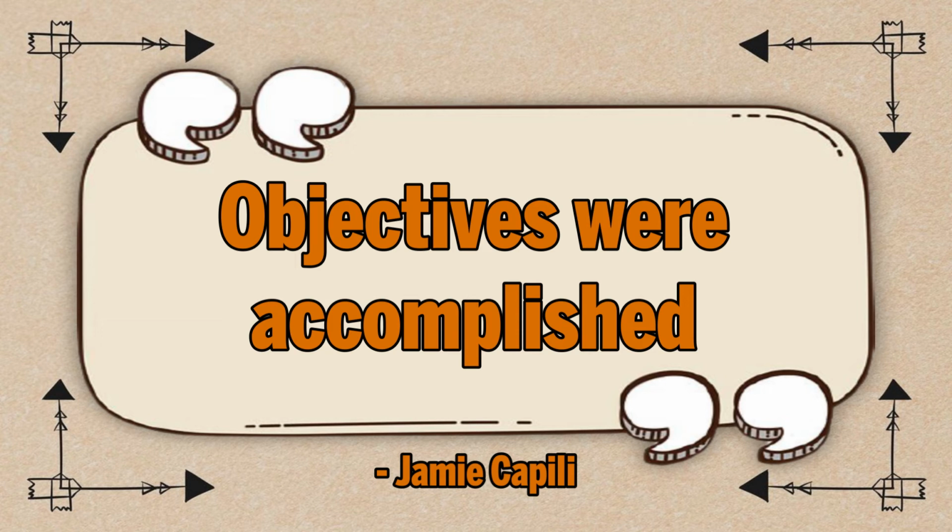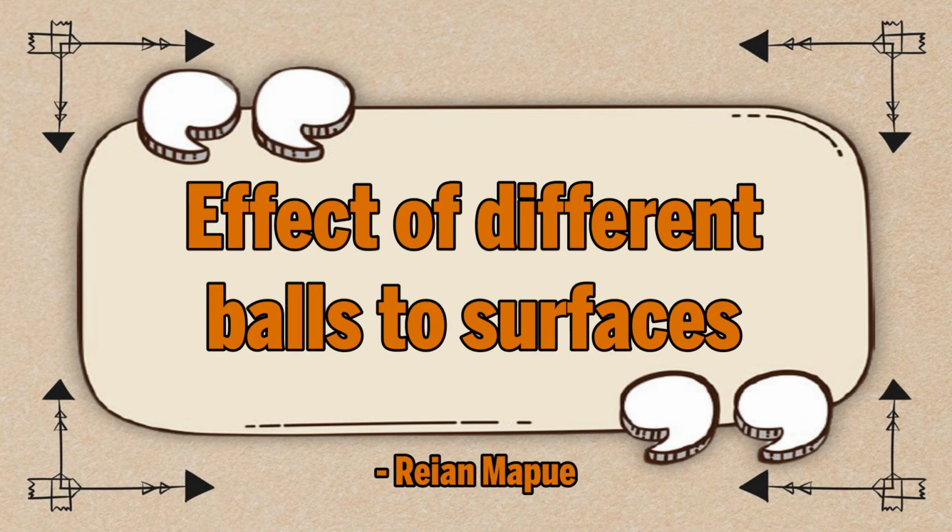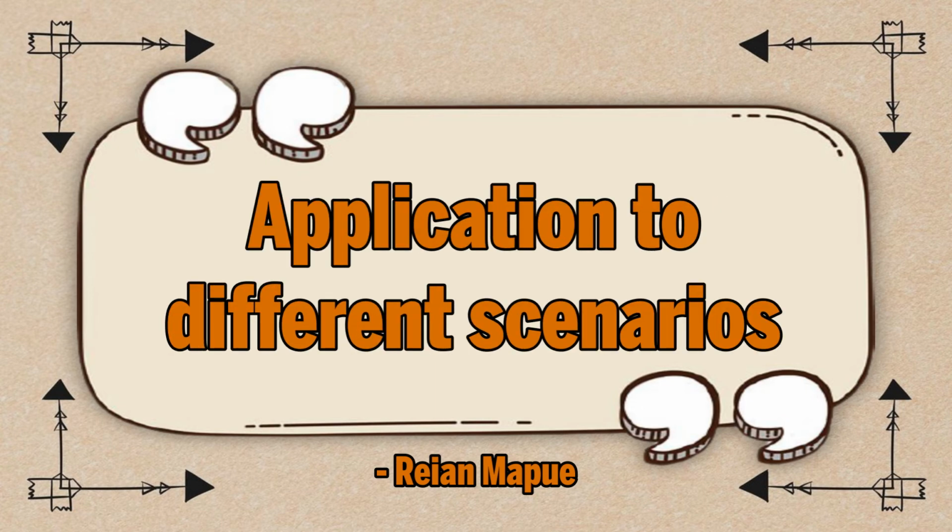As we went through an in-depth exploration, our critical and analytical thinking skills expanded over time. We can conclude from the activity the effects of different balls on the different surfaces. We can also apply the results of our data to the different scenarios given in the questions.